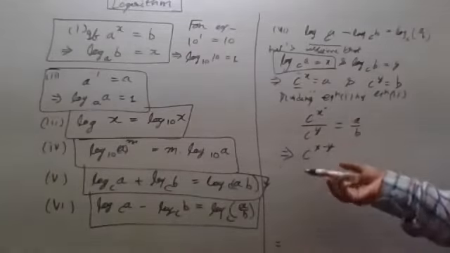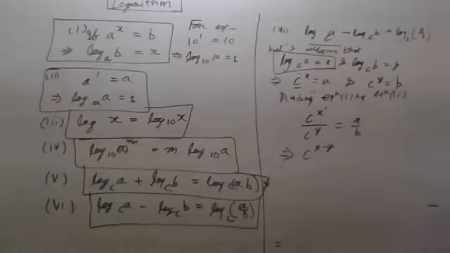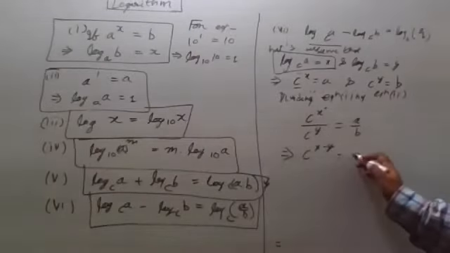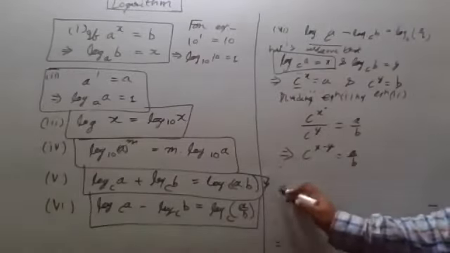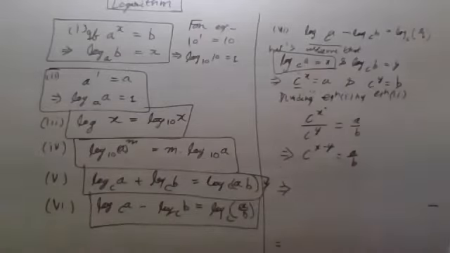c to the power x upon c to the power y is equal to a by b. Now convert it to log.